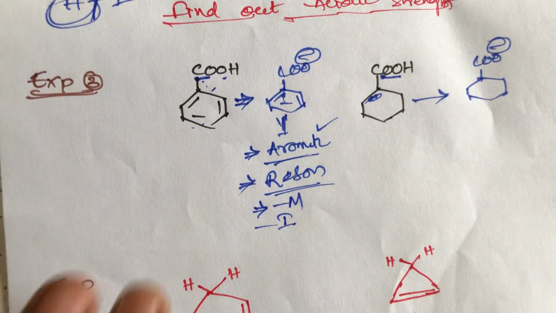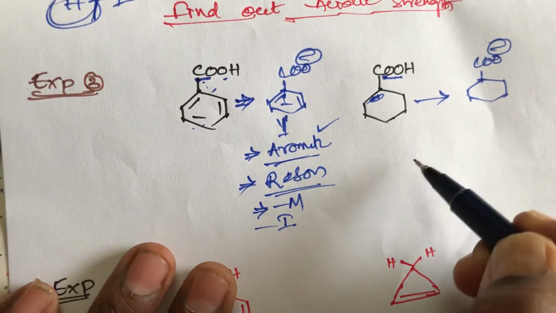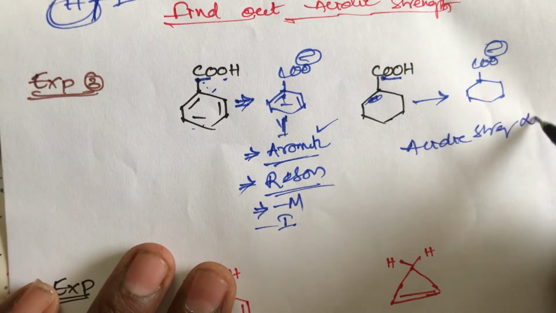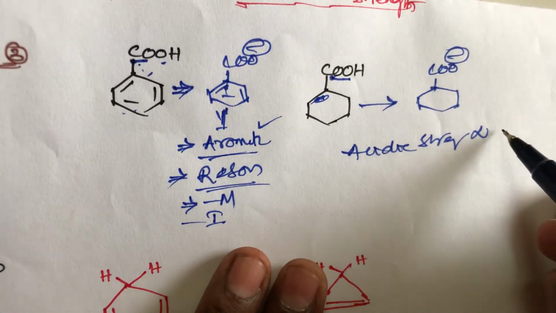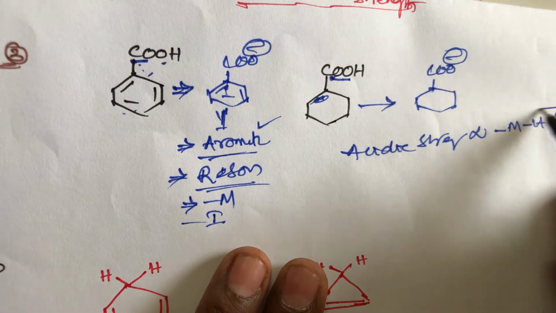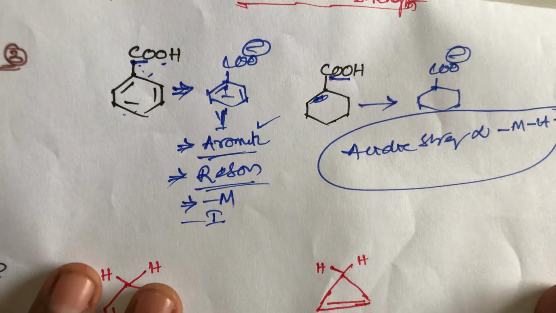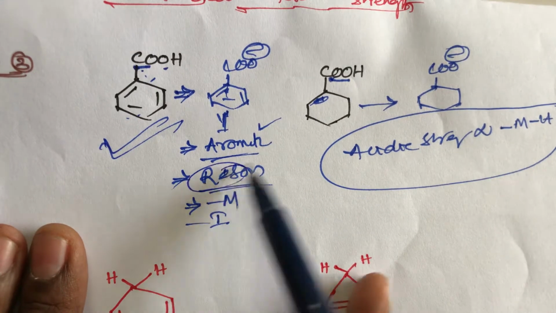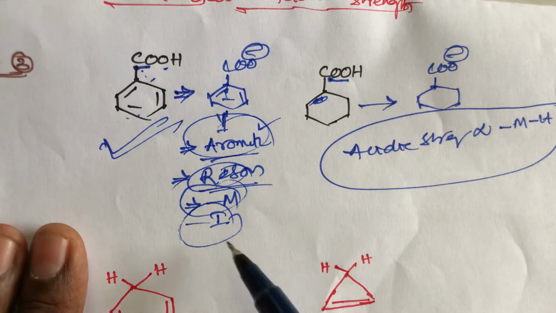Acidic strength is directly proportional to minus M and minus I. Once again, students, acidic strength is directly proportional to minus M and minus I. This is the simple trick. So benzoic acid is more acidic due to resonance, aromatic character, minus M and minus I.